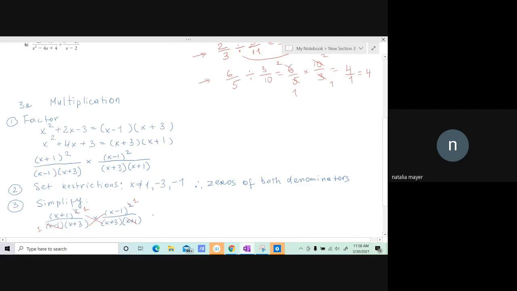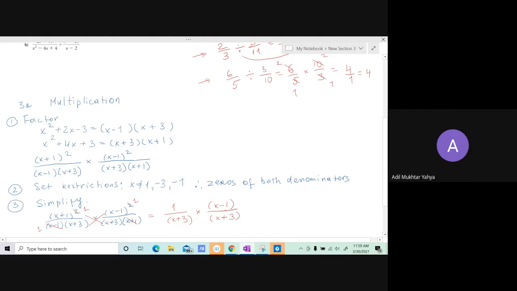Okay? So after we simplified it, let's write the simplified version of this. 1 over x plus 3 times x minus 1 over x plus 3. Correct? Agree?